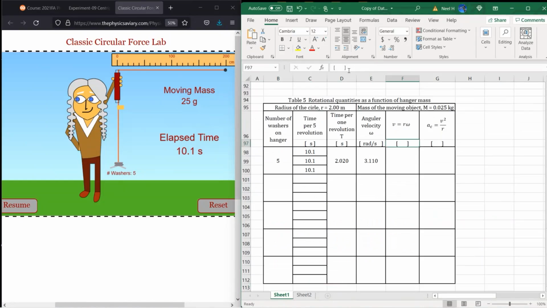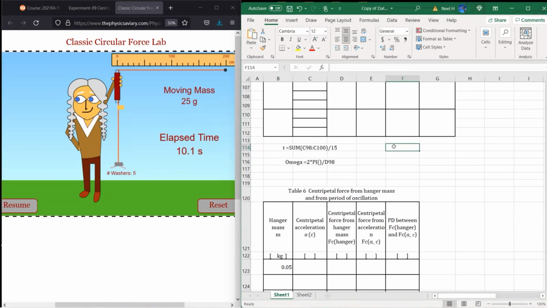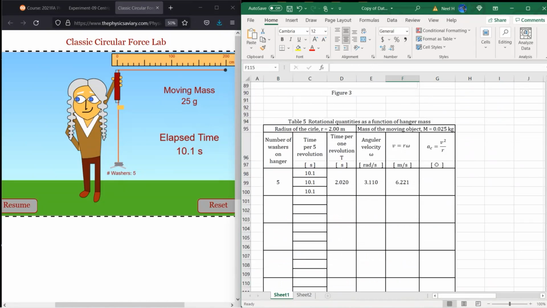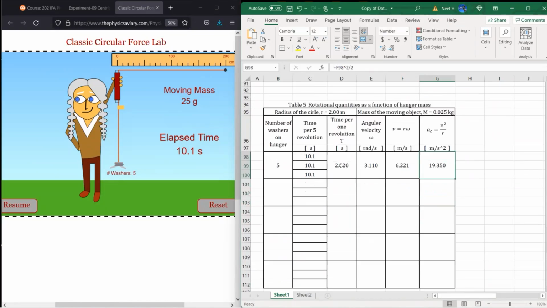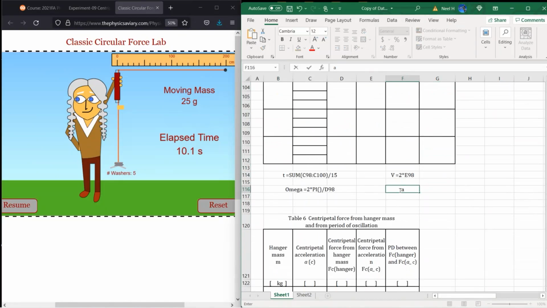And let's do the V and C. Equal R, we are keeping fixed 2, and the omega we just calculated. That function here. And then we'll do the AC, meter per second squared. That is V squared over R or R omega squared, both are fine. We'll add that function also here.